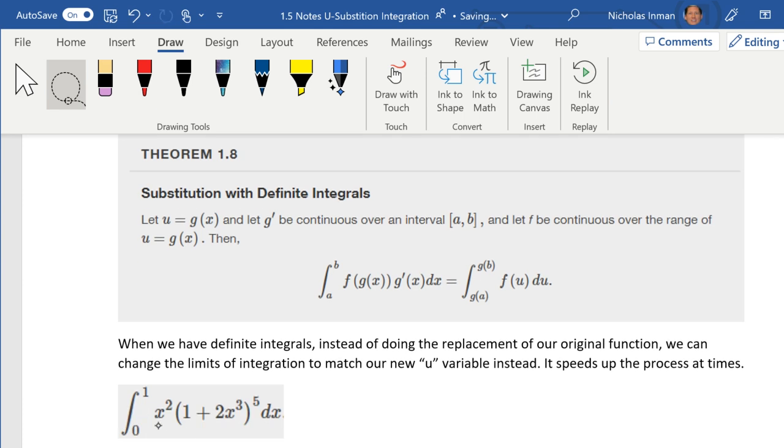So I see x squared on the outside, 1 plus 2x cubed on the inside to the 5th. Well, usually we're going to put that inside as our u. And that's perfect. Derive a cubic, you get a squared, and the squared's on the outside. Well, I don't want that 6.